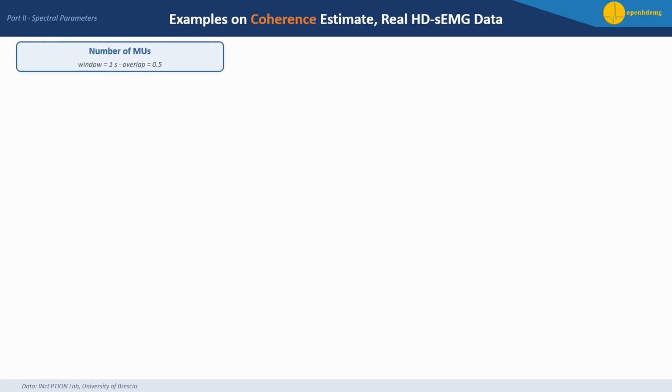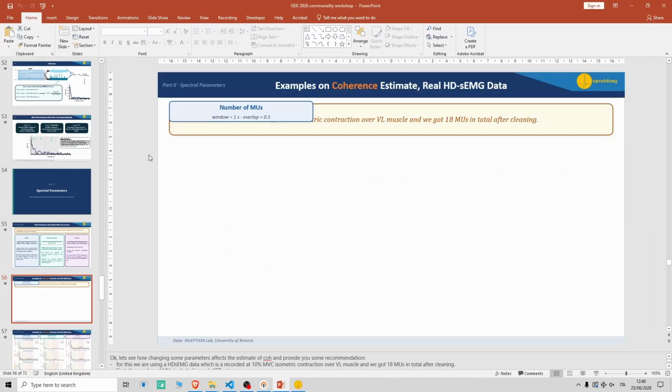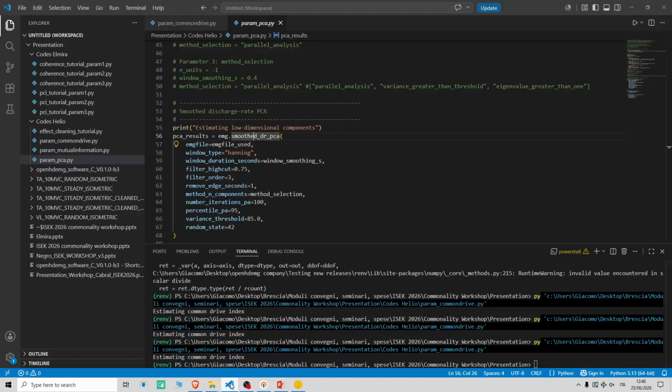I'm going to start with the first parameter, which is the number of motor units. We keep the other two fixed at 1 second of window duration and 50% overlap, as the original paper recommends. Now let's go to the code and see how the coherence will work for us.